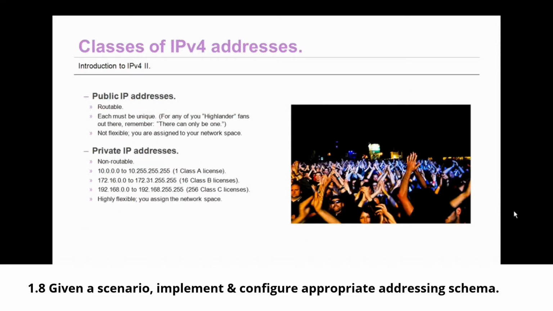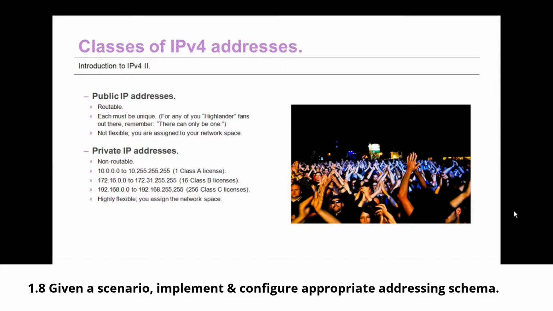So one of the first methods that they used to conserve the IPv4 address space was they broke them out into public and private IP addresses. Public IP addresses are routable. And being routable means that each public IP address is unique. There can only be one.